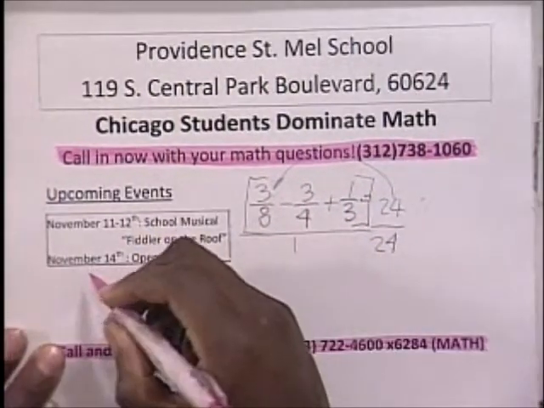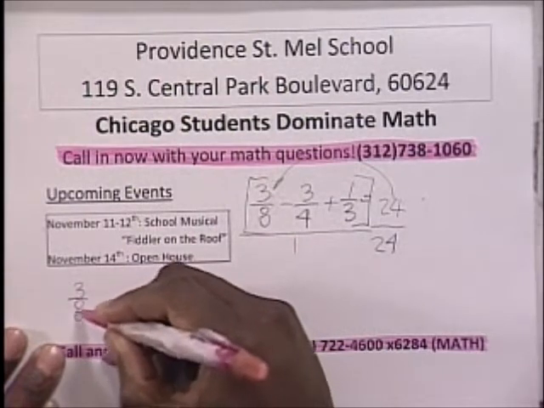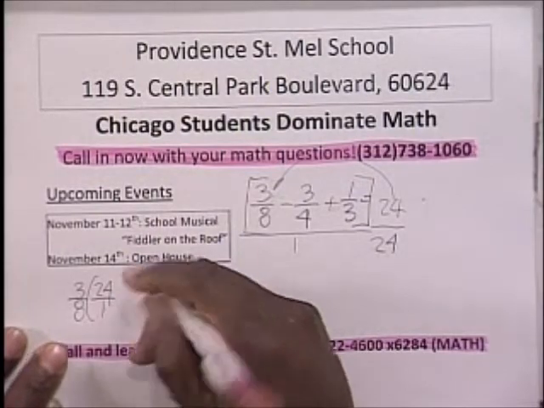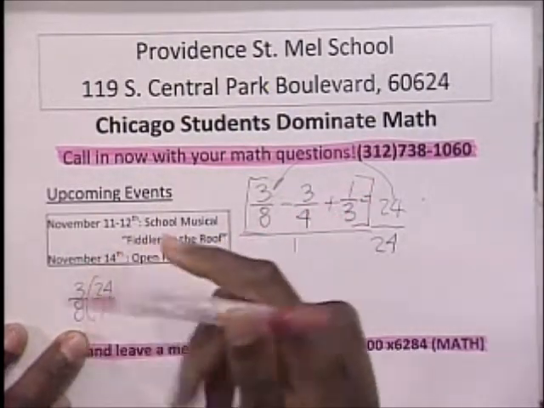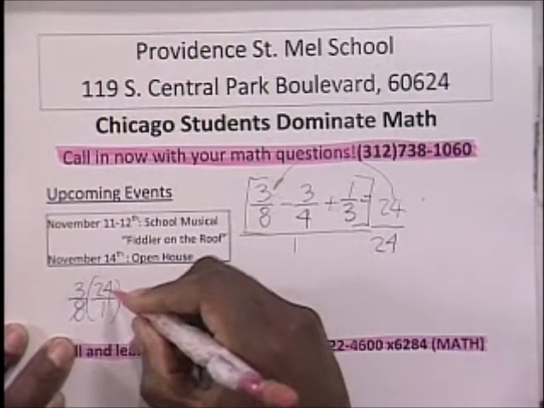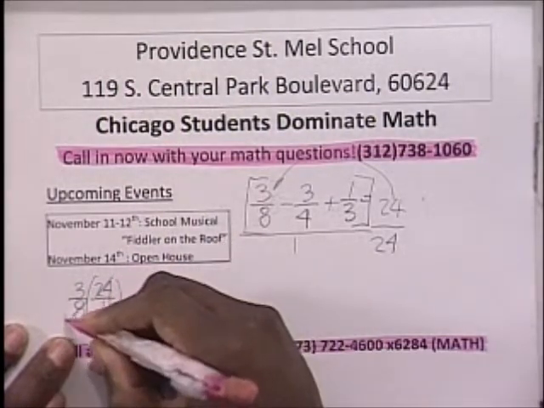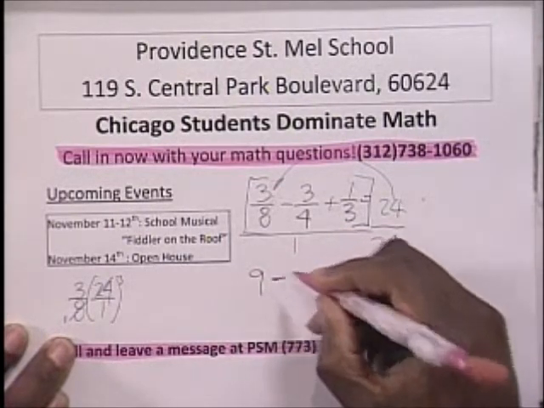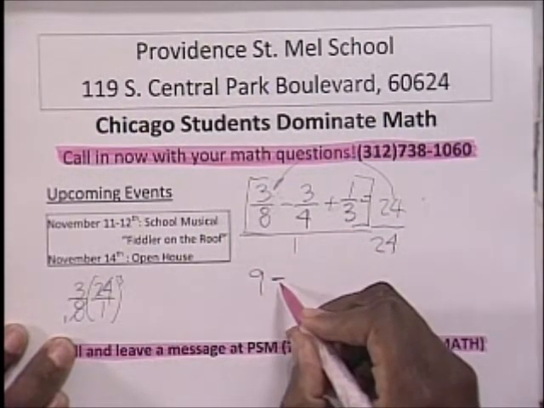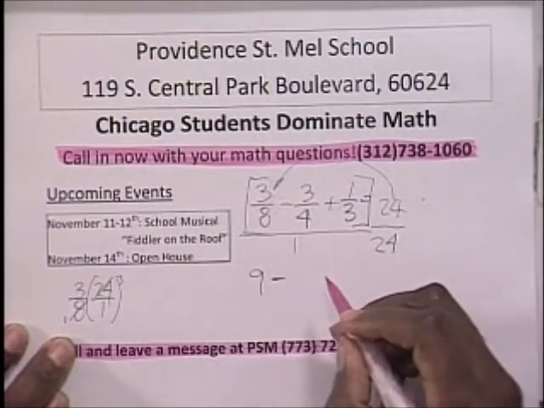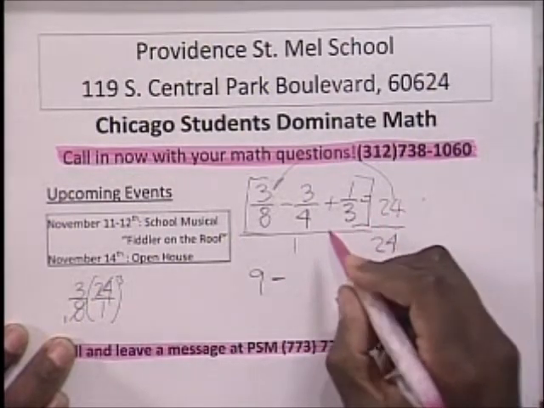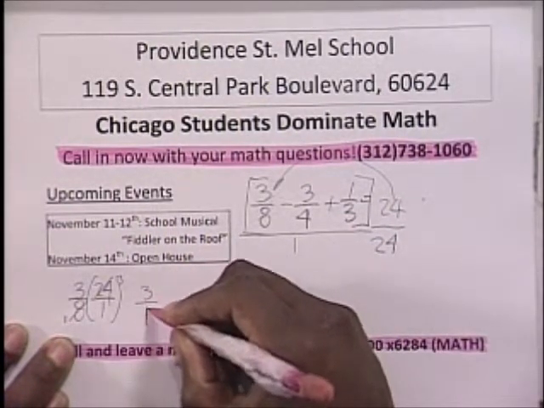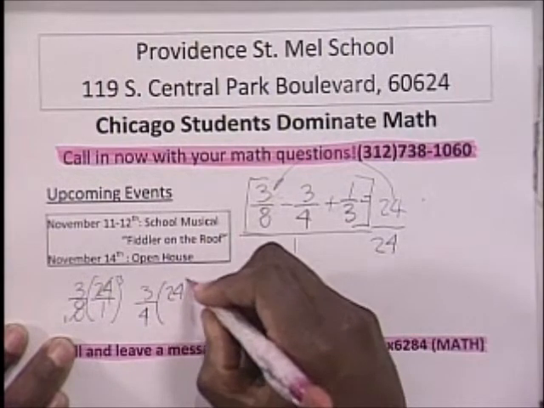All right, so we have 3/8 times 24. What's 3/8 times 24? Oh, it's 9. All right, so that cross cancels. Very good. That becomes a 1. That becomes a 3. You're left with 9. And we have minus. Right. I got 18 next. Okay, so let's multiply the 3/4 times the 24.